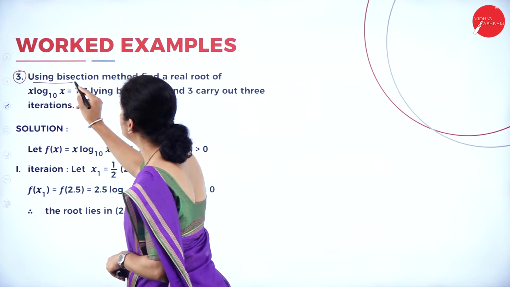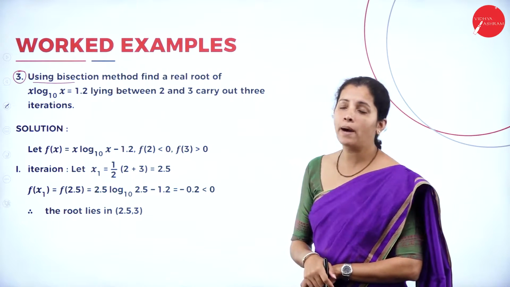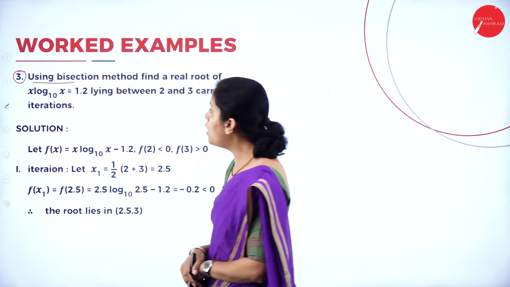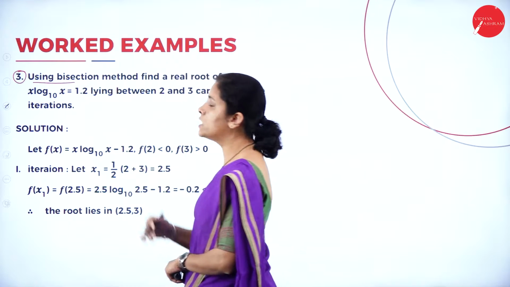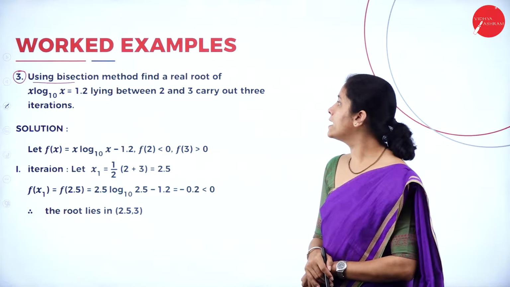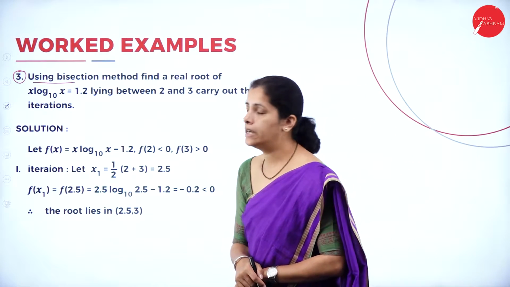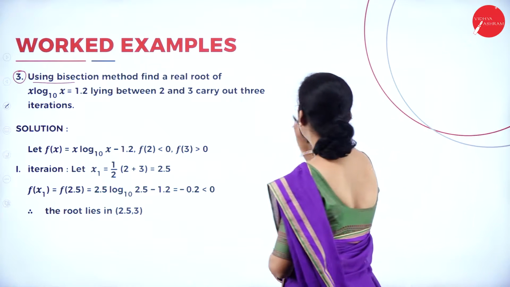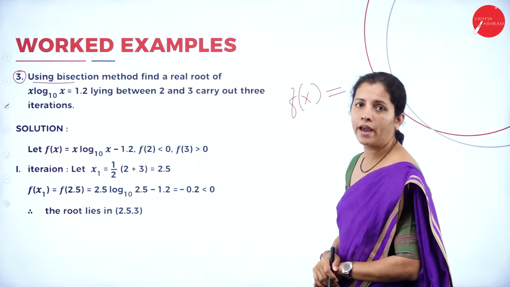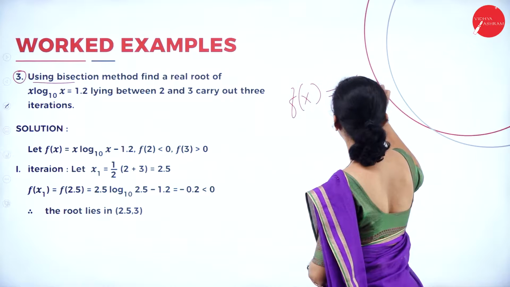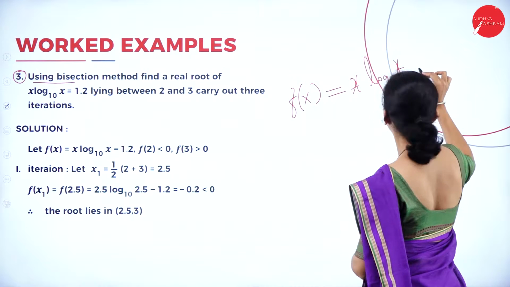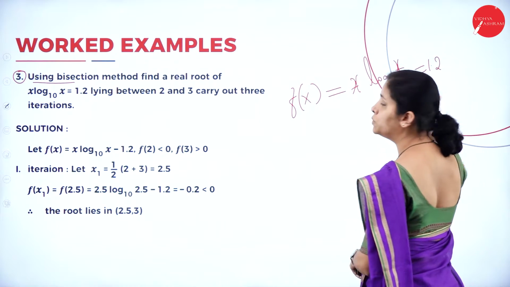Now, what's the question I have here? Using the bisection method, find the real root of x log x base 10 equal to 1.2 lying between 2 and 3, carry out 3 iterations. So the equation I have, I'm going to write in the form of f of x: x log x base 10 equal to 1.2.